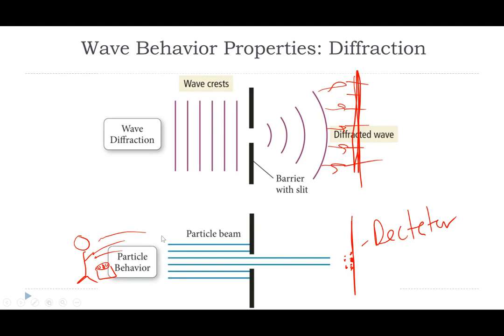So that's very different than how a particle would behave when introduced to a slit. Waves are detected all along the detector, particles just this one area right here. So waves and particles behave very differently. I think we can all get on board with this.